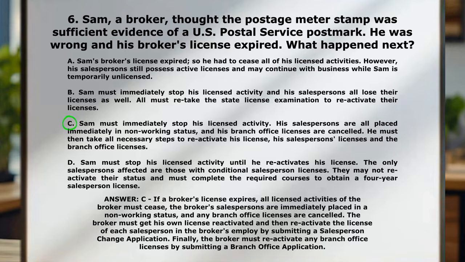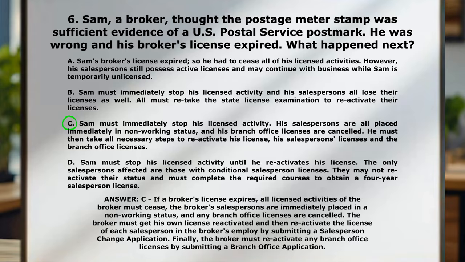So the broker must get their own license reactivated and then reactivate the license of each salesperson in the broker's office by submitting a salesperson change application. Finally, the broker must reactivate any branch office licenses by submitting a branch office application.